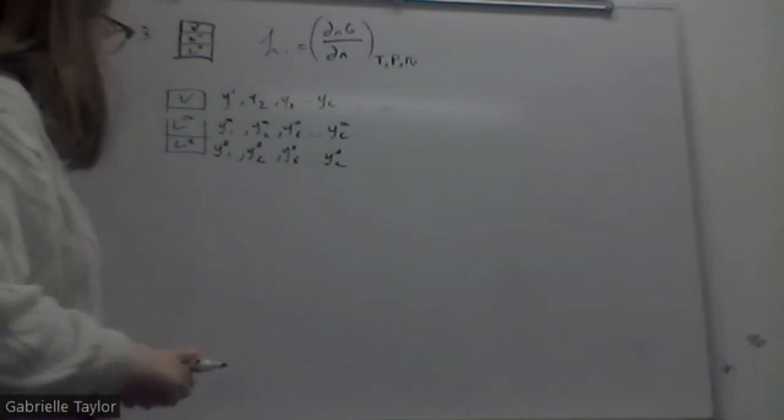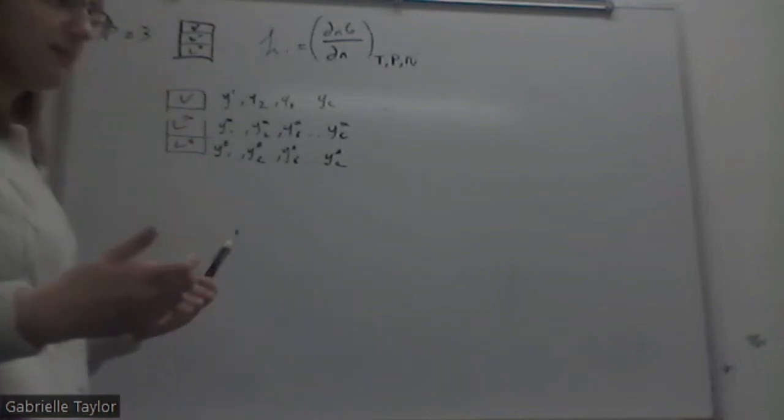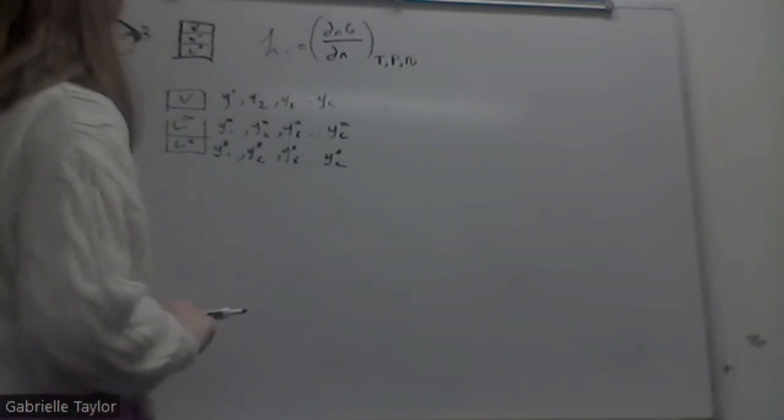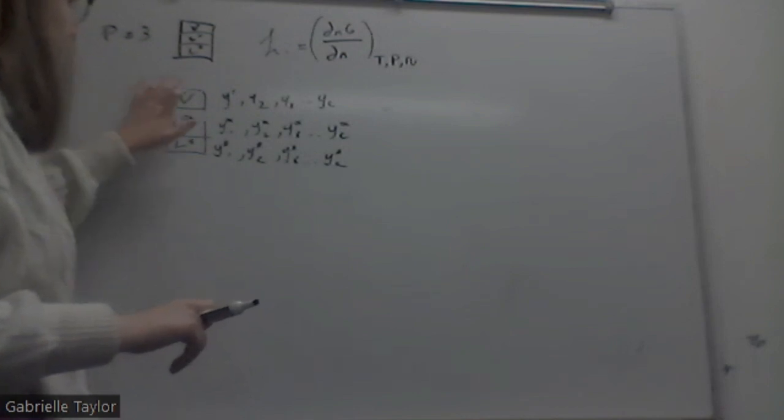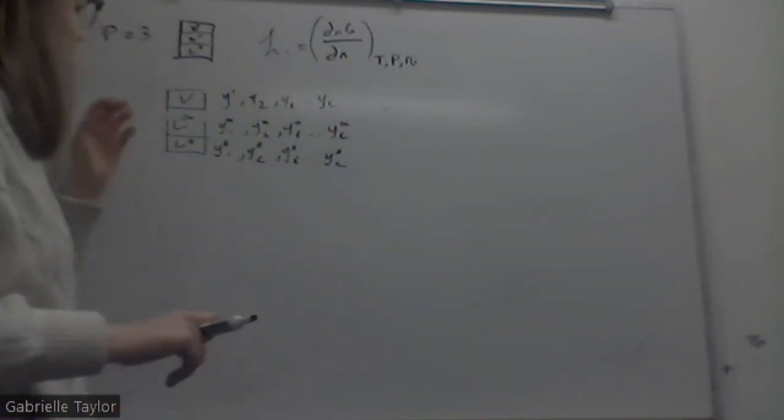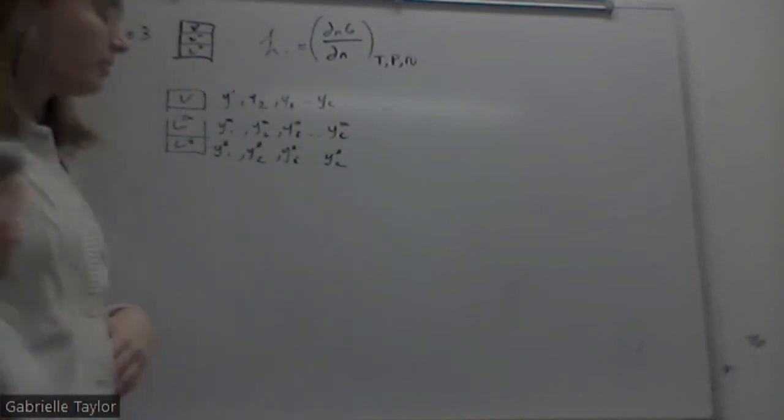So what are we going to do with this? The first thing is that we know all of these have different properties. If you think about it, we are going to look at our intensive variables.